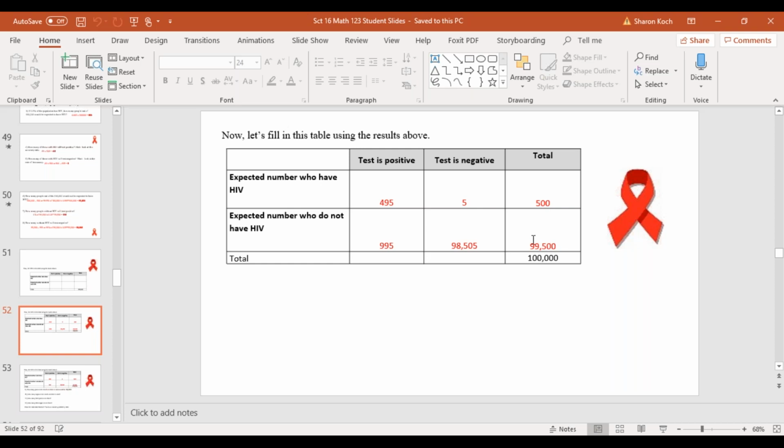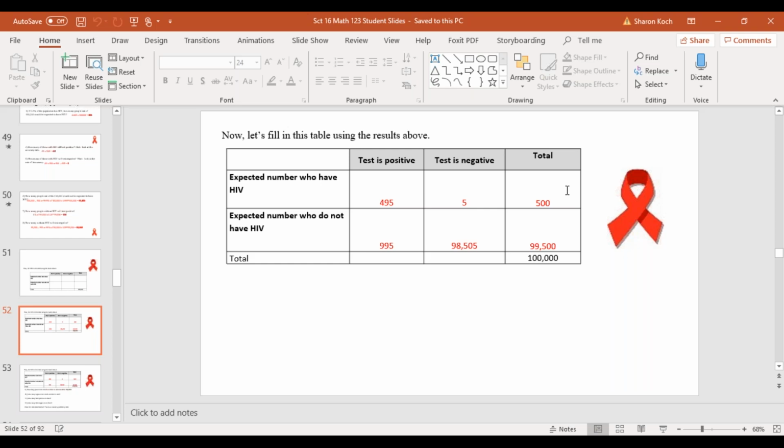So this is the very first thing you want to do when making your own probability table. Start with the grand total, and you must do the totals first. The next thing you're going to do is work on the inside boxes, because the inside boxes are related to how good the test is. This total out here was just telling me how many people are expected to have it or not have it.